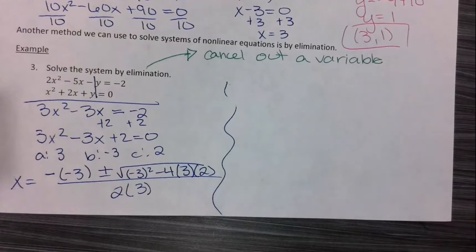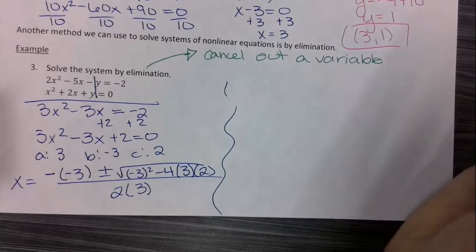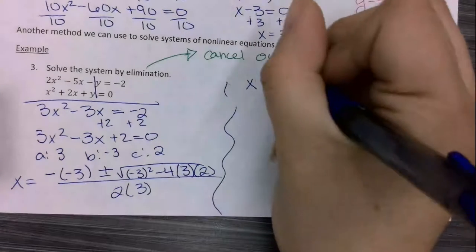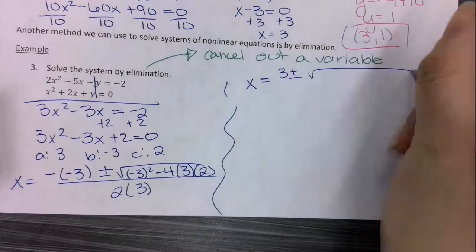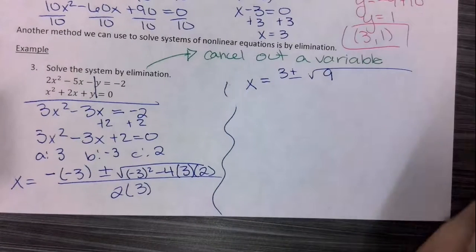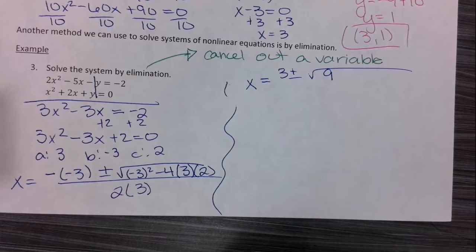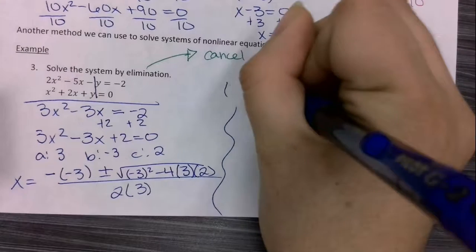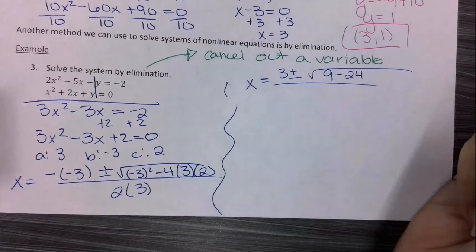Okay, then I want to do what? So, simplify. Negative, negative 3 gives me 3, negative 3 squared gives me 9, minus 4 times 3 times 2. Two times 3?